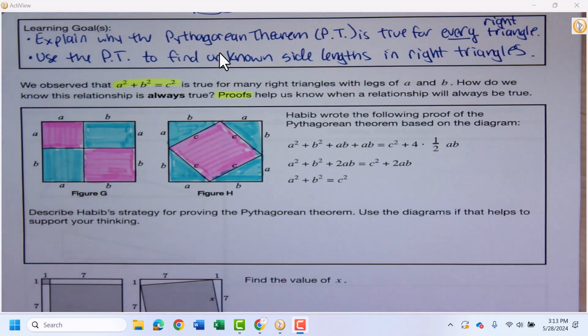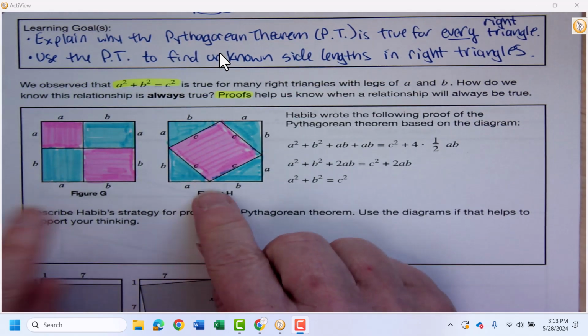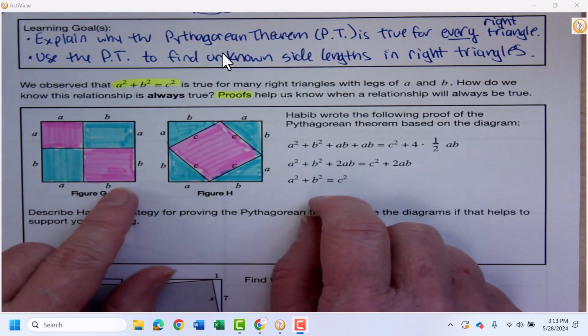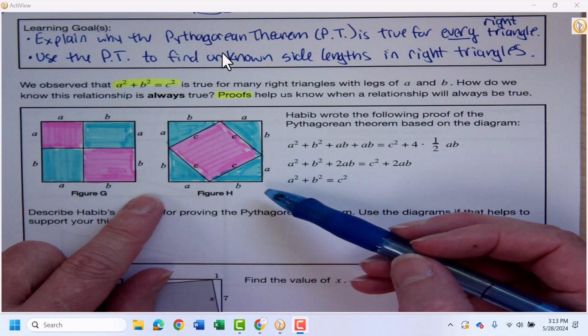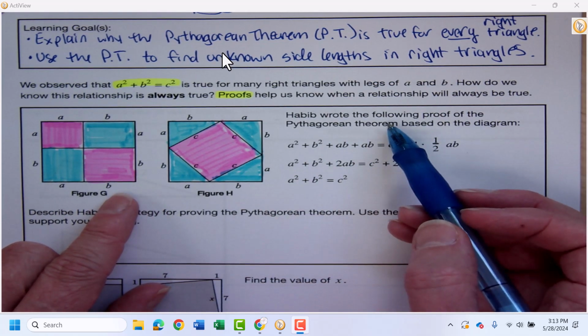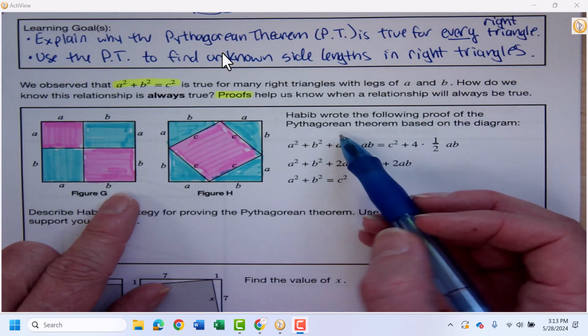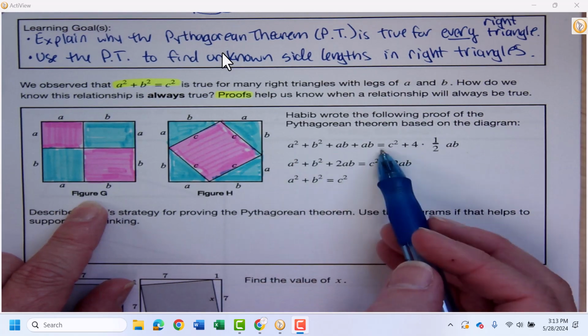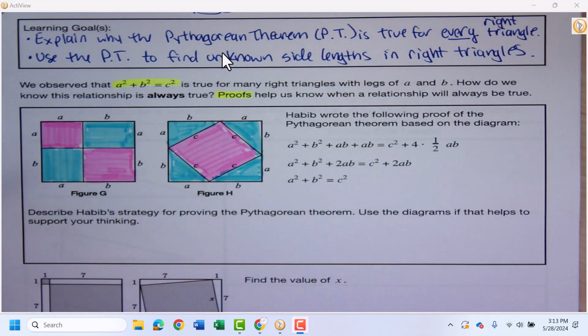Okay. So this isn't exactly the same as the proof that we saw today, but it's another way to prove that a squared plus b squared equals c squared. So Habib wrote the following proof of the Pythagorean theorem based on these diagrams, figure G and figure H. Let's start with figure G here.